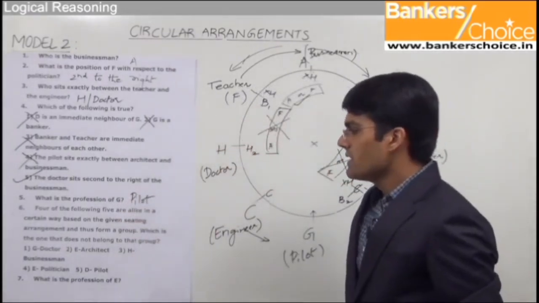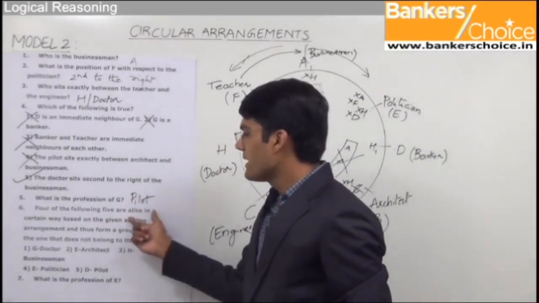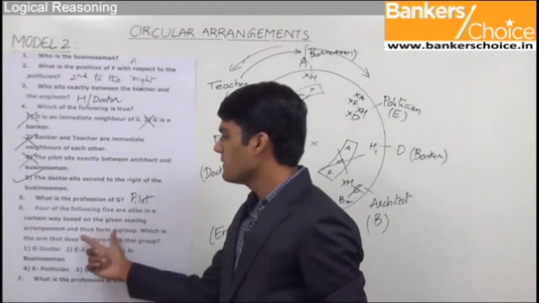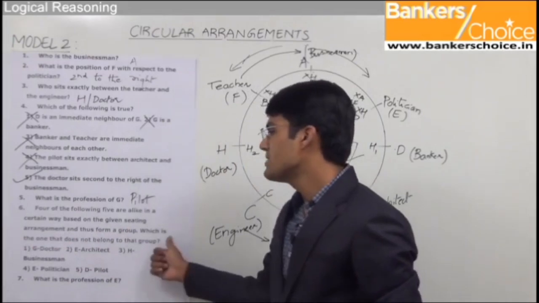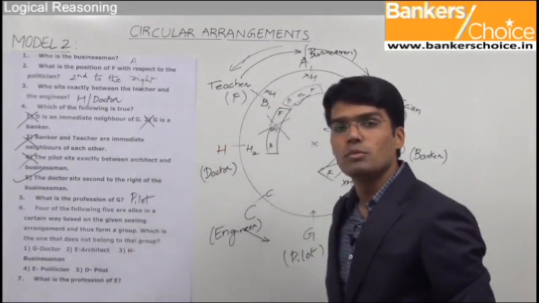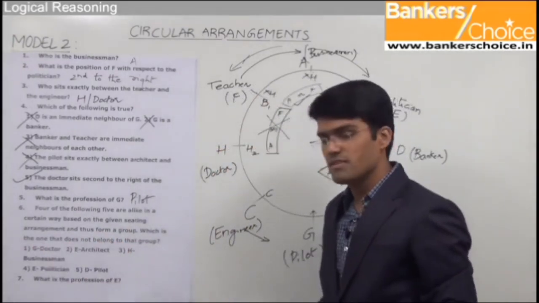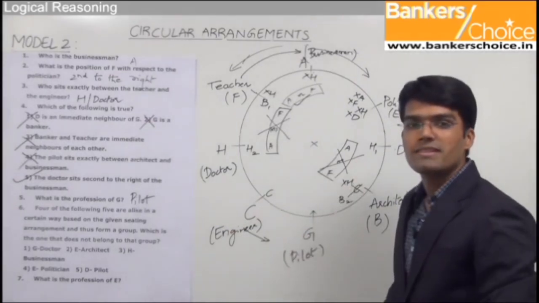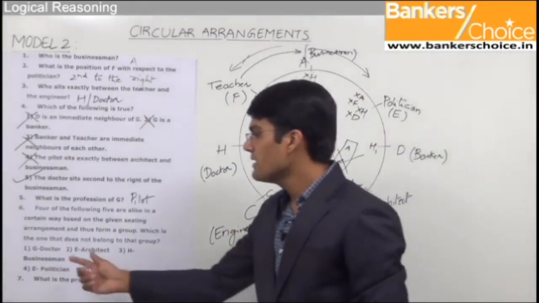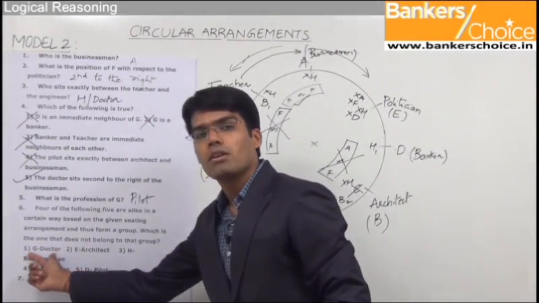The next question here is, 4 of the following 5 are alike in a certain way based on the given seating arrangement and thus form a group. Which is the one that does not belong to the group? So out of given 5 options, we need to decide which is the one that does not belong to the given seating arrangement. The first option here is G with doctor.